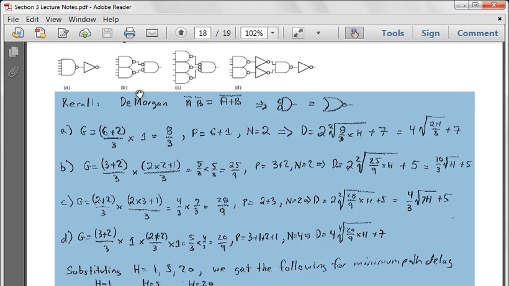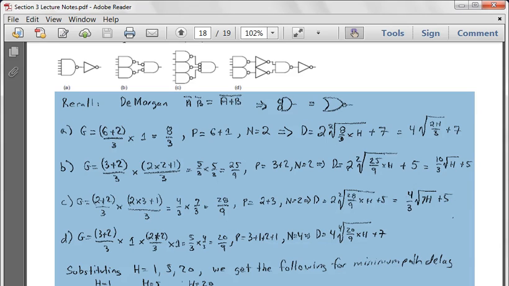Again, the 2-input NAND gate is 2 and the 3-input NOR gate is 3, so it becomes 2 plus 3. It happens to work out the same, it's 5. And then the number of stages again is 2. Plugging into the equation, we have 28 over 9 times h. 2 is the number of stages. This is also n times the square root, plus 5 on the outside, and this is our reduced equation.